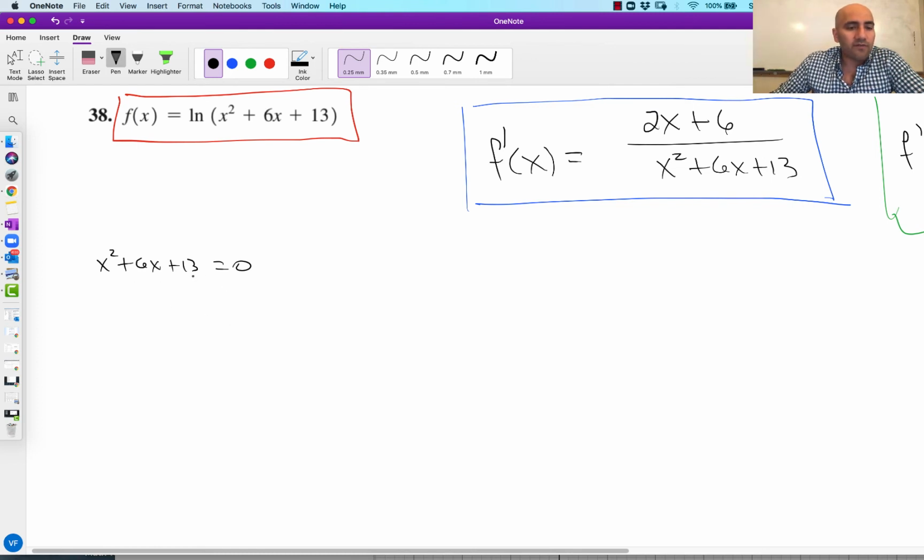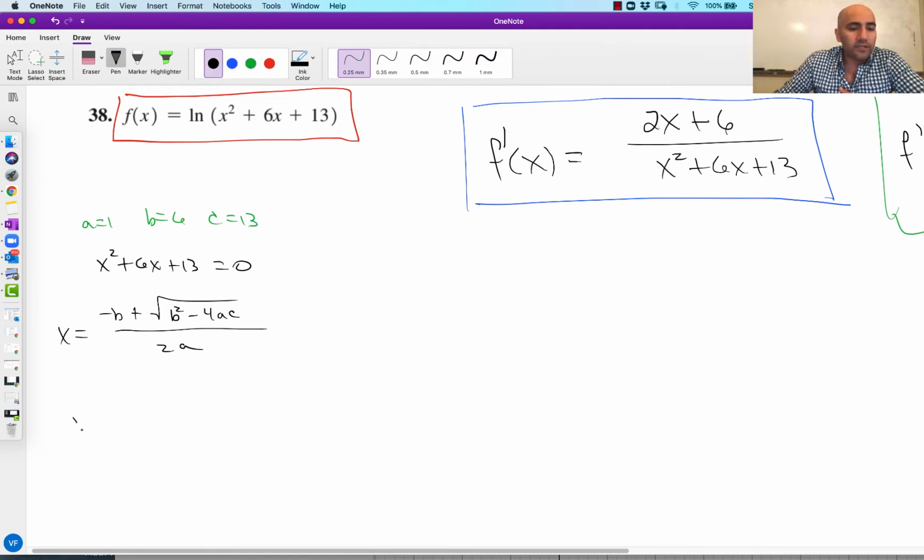All right, so it doesn't factor nicely, so let's use our quadratic formula. So x equals negative b plus or minus the square root of b squared minus 4ac, all over 2a. And here the role of a is being played by 1, the role of b is being played by 6, and the role of c is being played by 13.